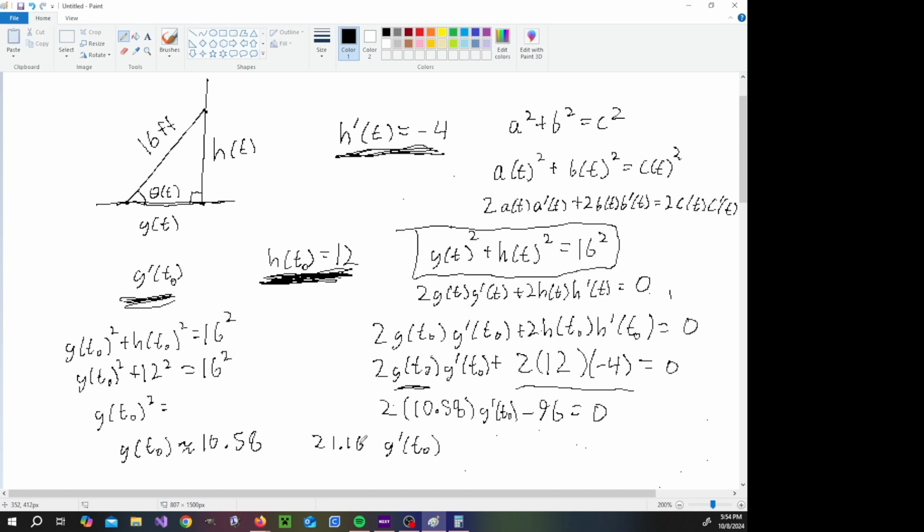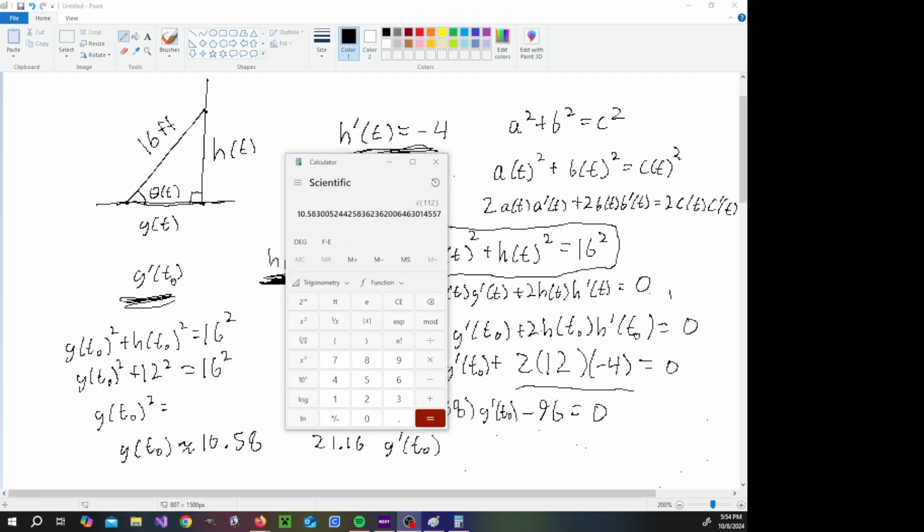21.16, I think, right? 10.58 times 2, 21.16.